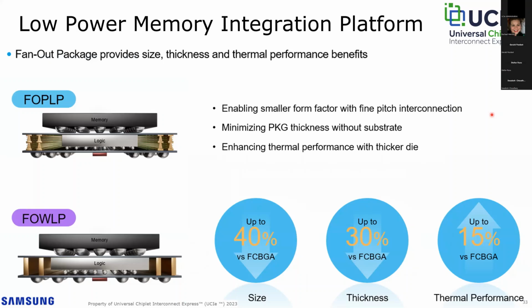For low power memory integration, Samsung offers fan-out panel level packaging, or FOPLP, and fan-out wafer level packaging, or FOWLP. Both enable small form factors to minimize package thickness, both important elements for mobile applications like cell phones and tablets.